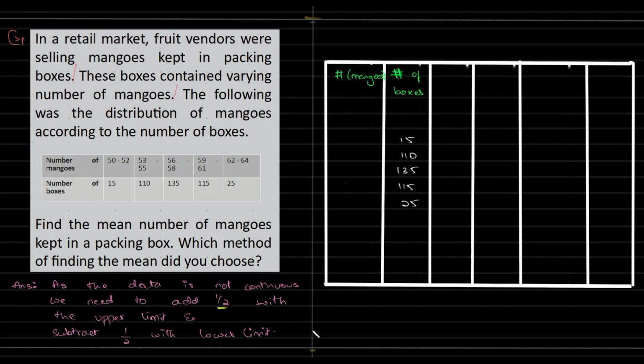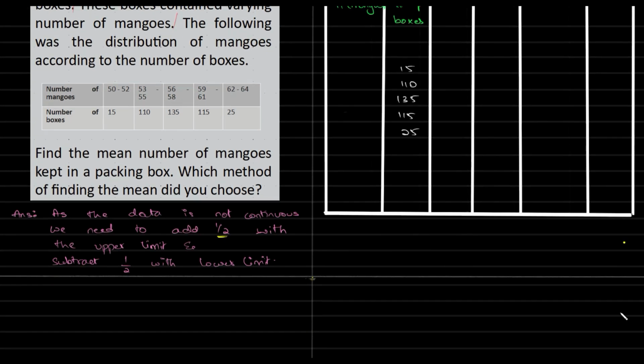See, what is the difference between the class width? Sorry, my question was wrong. What is the difference between the lower limit of the next class and the upper limit of the previous class? The difference here is 1. This is 1, this is 1, this is 1.